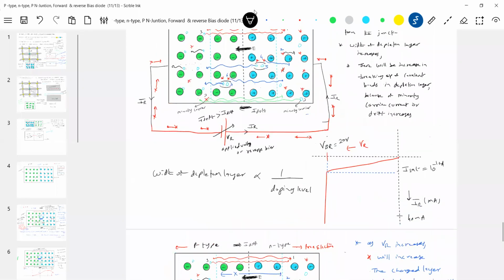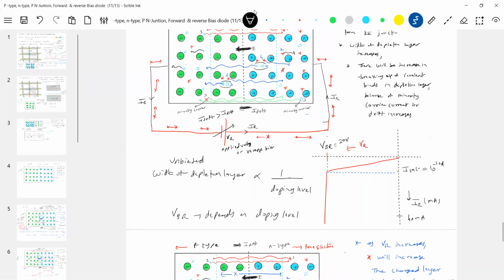What is this width of the depletion layer? Unbiased. I mean to say unbiased. The unbiased width of the depletion layer depends on the doping level. This unbiased width will determine the breakdown voltage. Is it okay now? So therefore, shall we put here VBR depends on what?